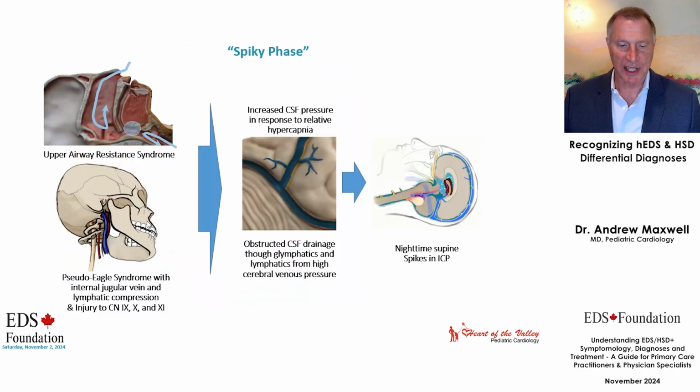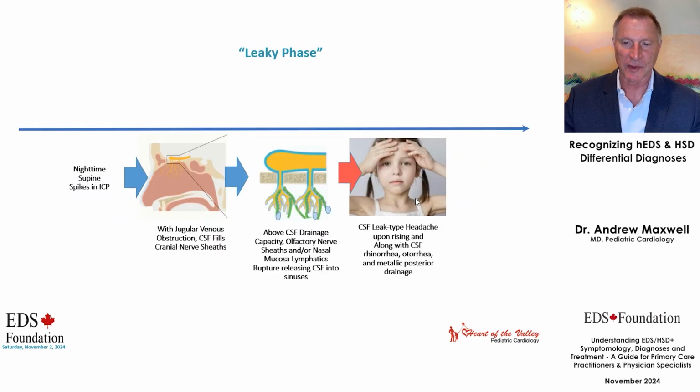When we see patients like that, and we do sleep studies on them and find they have upper airway resistance syndrome, meaning they retain carbon dioxide when they sleep at night, and they have signs of craniocervical instability where they have the jugular vein compressed, thereby interfering with the drainage of CSF out of their skull, then they're set up for nighttime spikes in their CSF pressure, what we call the spiky phase of spiky leaky syndrome.